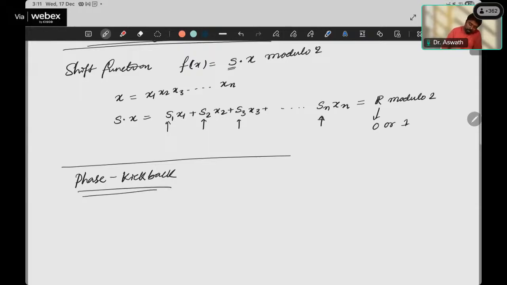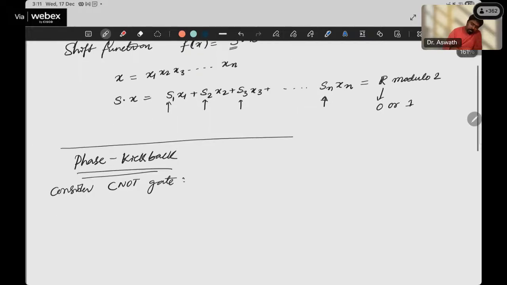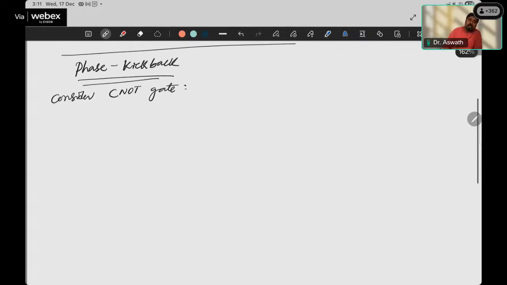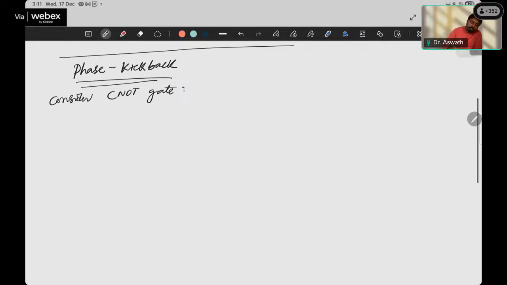For example, consider a CNOT gate. If you consider a CNOT gate, what happens? A CNOT gate has two qubits, one control and another one target.